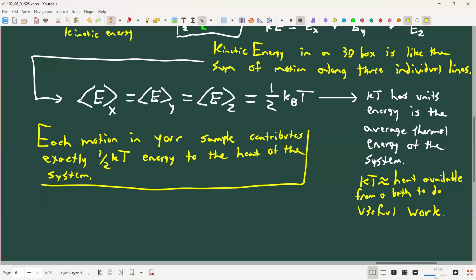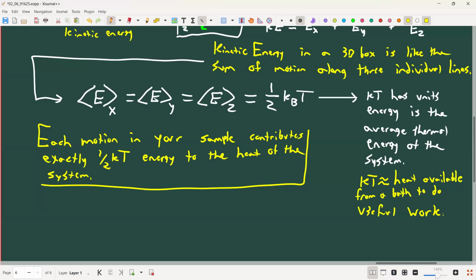So not everything is going to react all at once. And what we're going to find is the ratio of the number of molecules with a certain amount of energy compared to some barrier, some critical amount of energy to do a reaction. Imagine your energy is here and the barrier is up here. You've got to get enough energy to go over it. Only a small number of high energy molecules are going to have enough energy to get over that barrier.